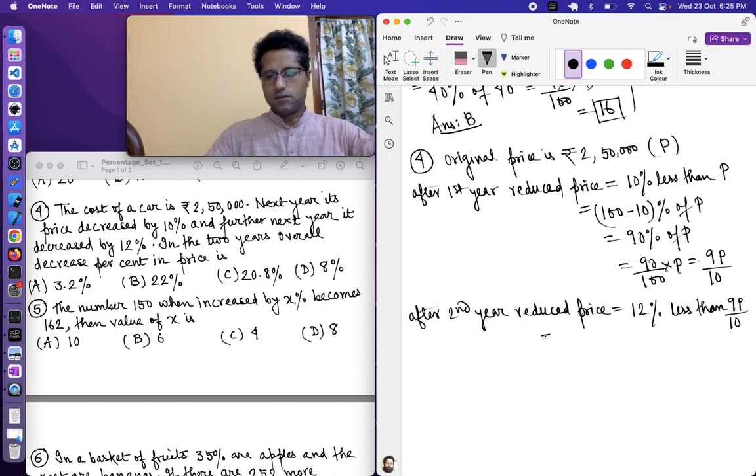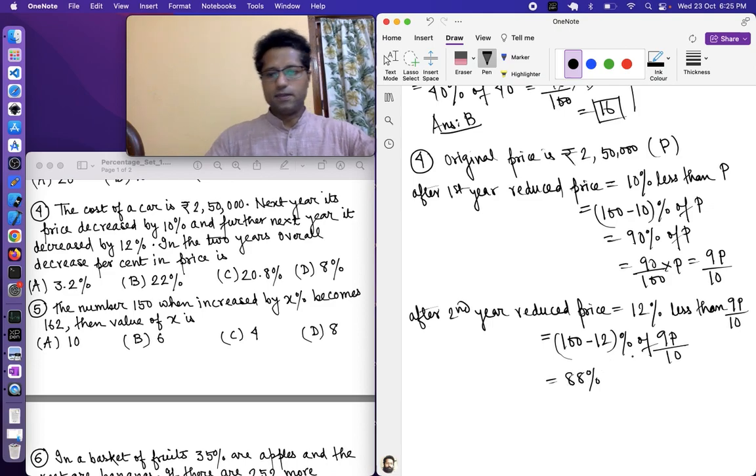Now 12% less than 9P by 10 means 100 minus 12% of 9P by 10. This is equal to 88.